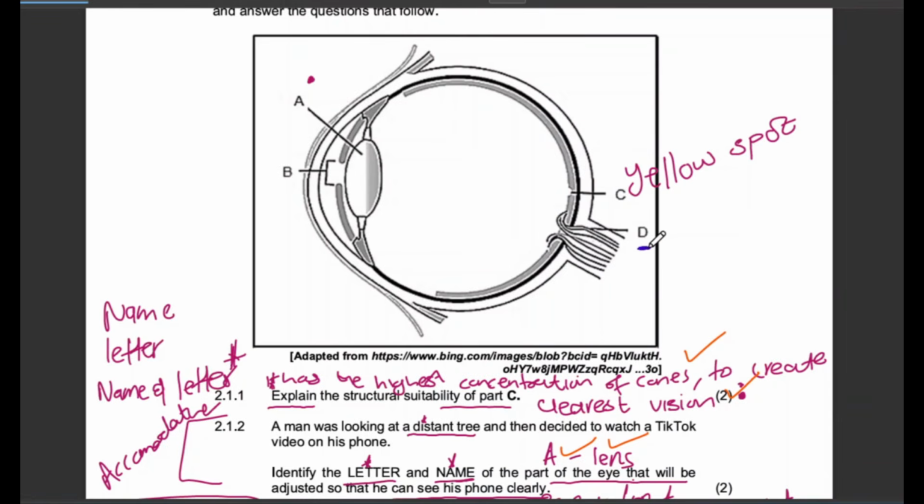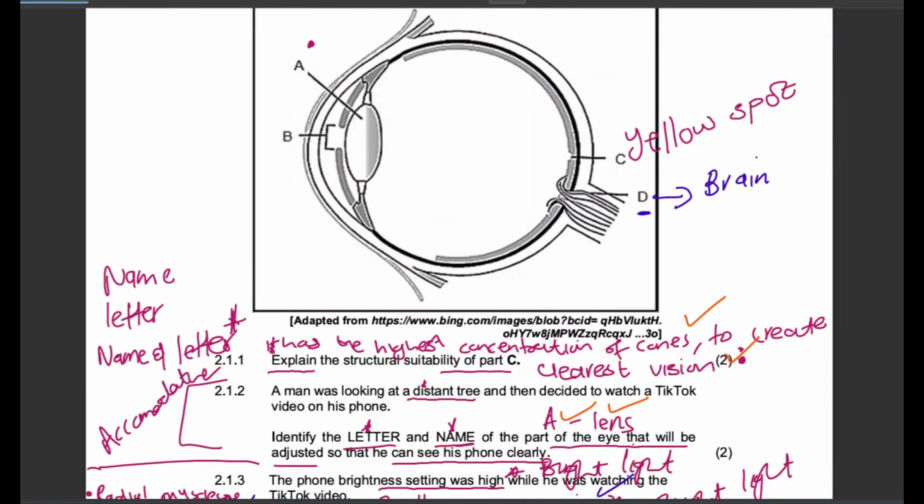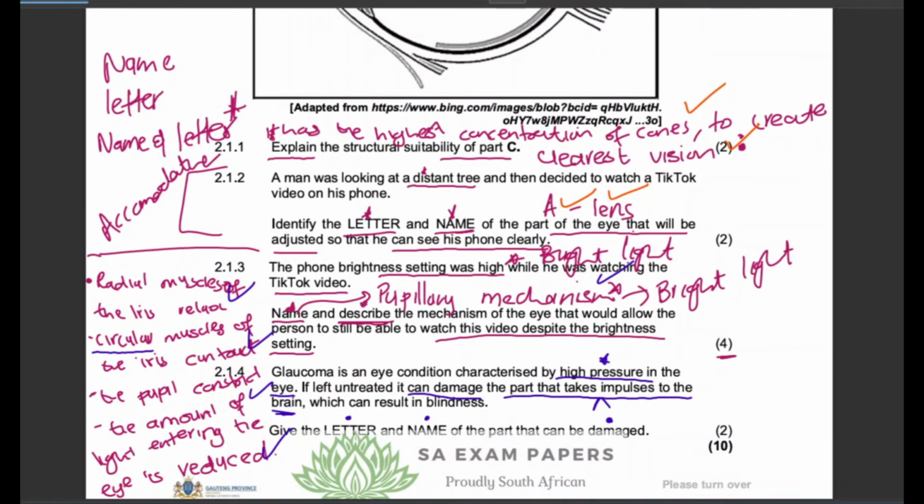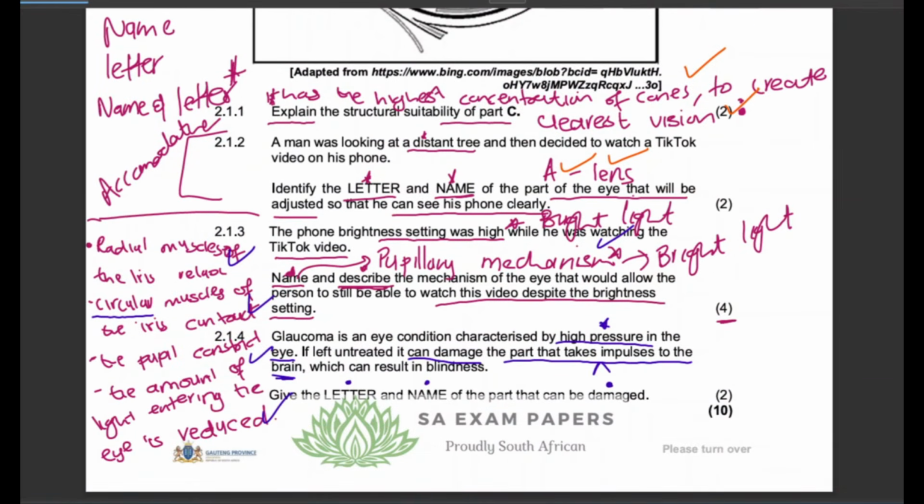So the stimulus will be received by the receptors, and then those receptors are going to convert the stimulus into an impulse, and that impulse will then need to be transmitted by the optic nerve to the brain. And remember, we don't generalize. You don't just say the brain. You will have to be specific which part of the brain, which is the cerebrum. But they didn't ask us about that. So the letter in this case, we are answering our question, is D, and the name is optic nerve.